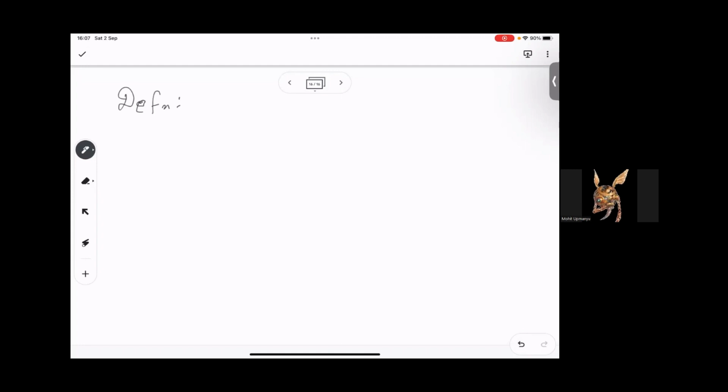So, definition. Note that given any space, we always have a map to a singleton point. Star represents the singleton point. There is only one map, and that's the constant map.